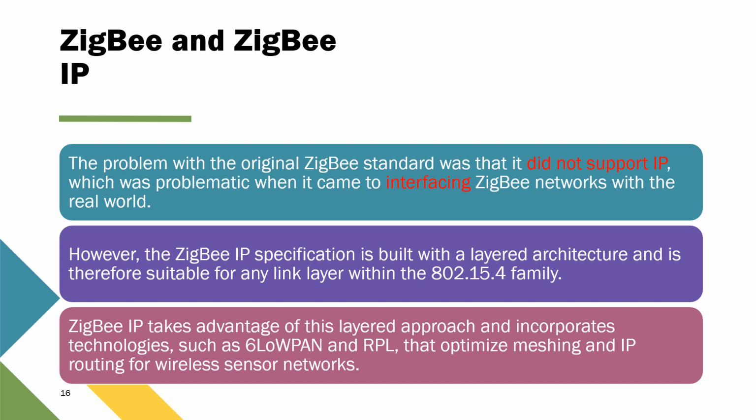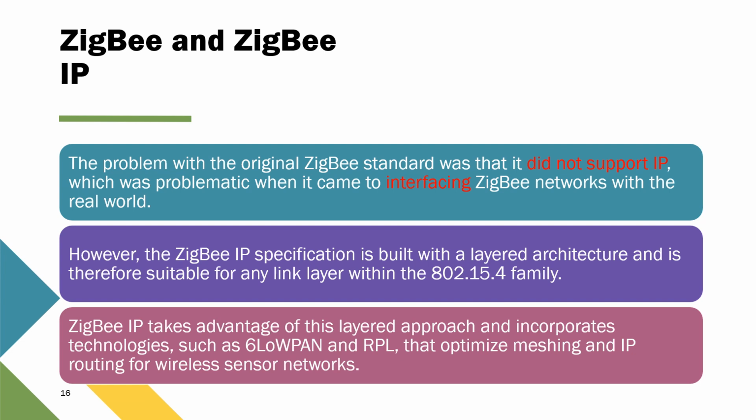The problem with the original Zigbee standard used in the house or for personal use is that it did not support IP, meaning that the devices are interconnected just using the Zigbee connection itself, which was problematic if we want to interface the Zigbee network with the real world.